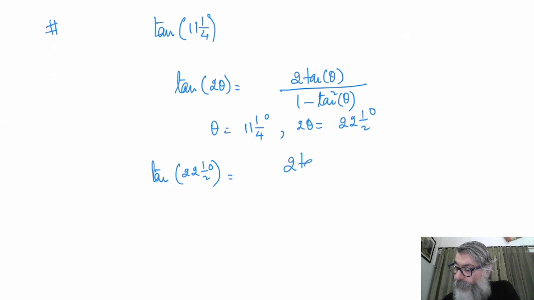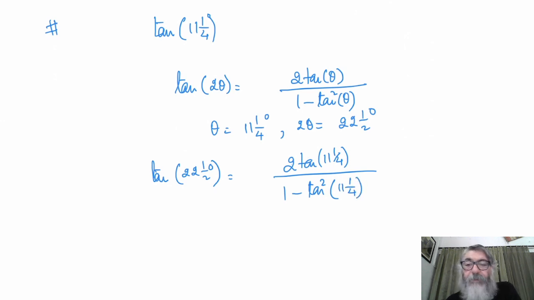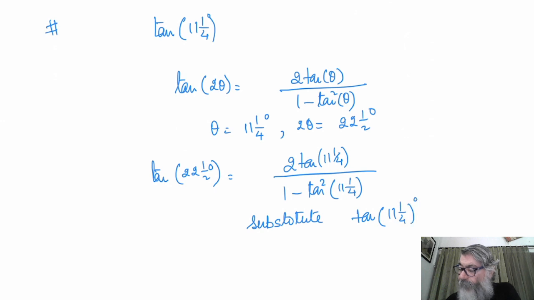2 tan theta, or tan 11 1/4, upon 1 minus tan square 11 1/4. For convenience, every time I am going to write tan 11 1/4, I say substitute tan 11 1/4 degree as x.